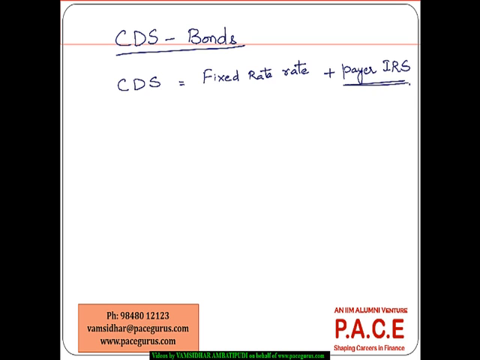So I am paying, and I have taken a position in the fixed rate bond. Under some assumptions, I can virtually create this kind of position. The combination of a bond and an interest rate swap, this combo is nothing but an asset swap.